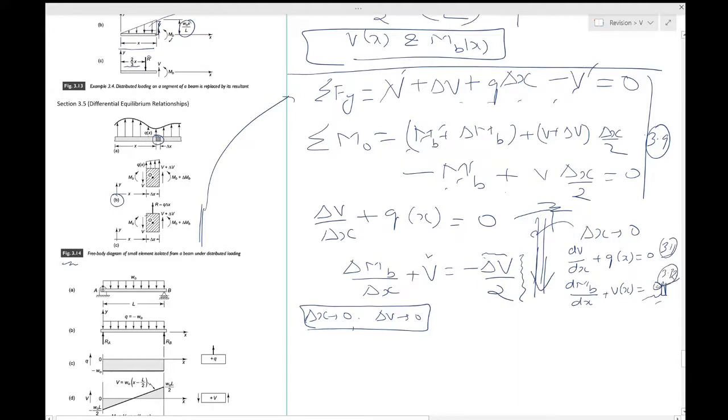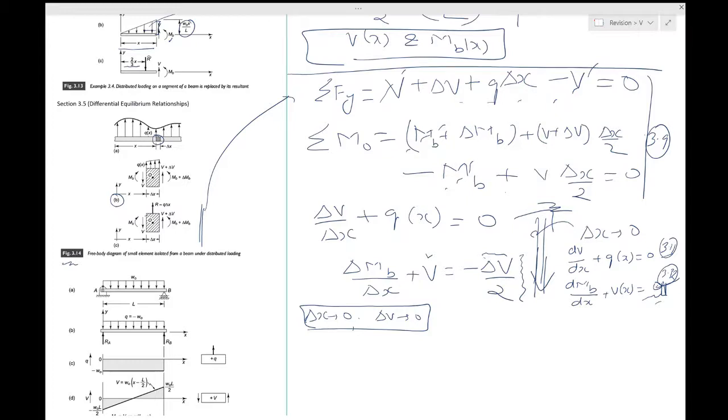Now once you are done with this, you have 3.11 and 3.12, extremely important differential equilibrium relations. And you have the load intensity q(x), shear force V(x), bending moment MB. Now equations 3.11 and 3.12 can be integrated from a section x1 to x2, and then you have the internal force distribution. You integrate from x equal to x1 to x equal to x2, and you would get all the values which you would need.